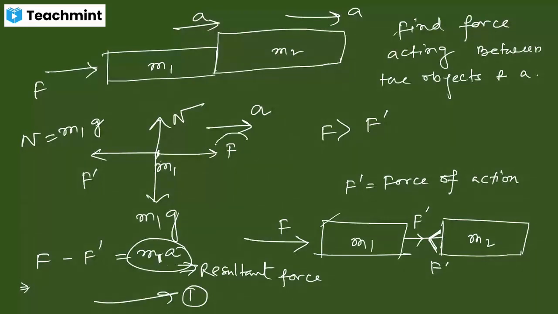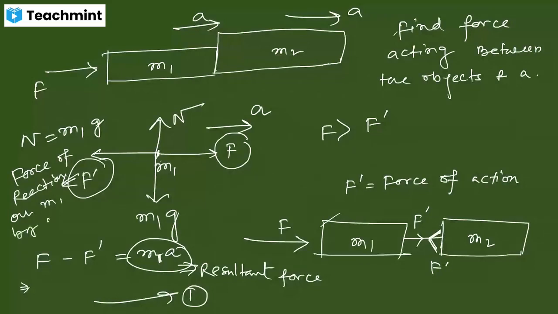Because F is the force applied by me on the object M1, and F dash is the force of reaction on M1 by M2, right? So the difference between the two forces results in acceleration.